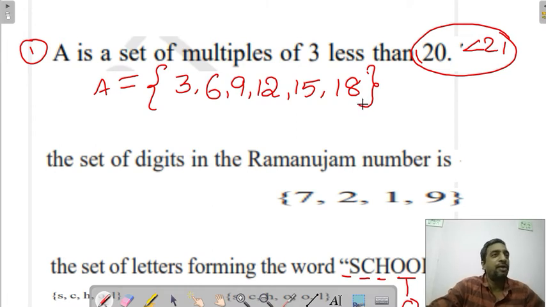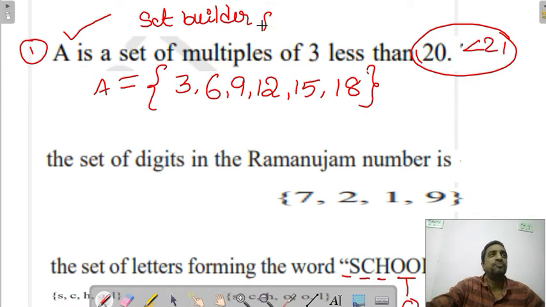See, these all elements are now listed from the above statement. Whatever the given statement in the form of a statement, we can say this is set builder form.